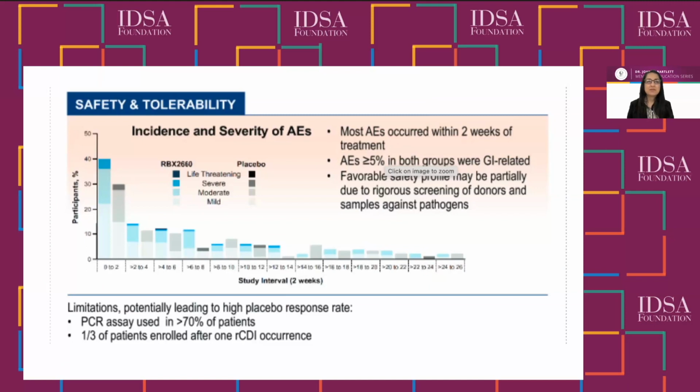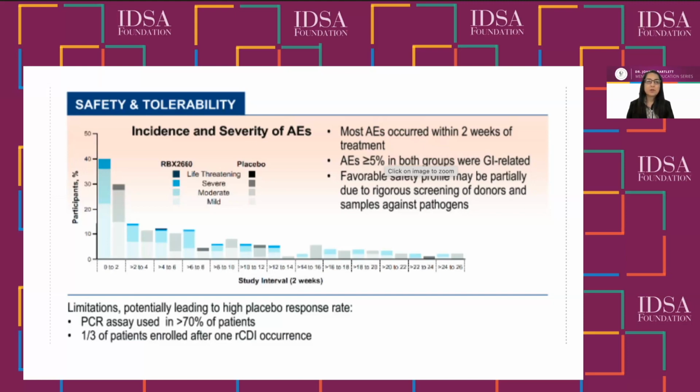And most of the adverse events that occurred were fairly mild to moderate, and in general, when this has been given in clinical trials, this has been pretty well received and well tolerated by participants. I think some of the things that we think about when we review the results of these clinical trials is what diagnostic test was used for C. diff.